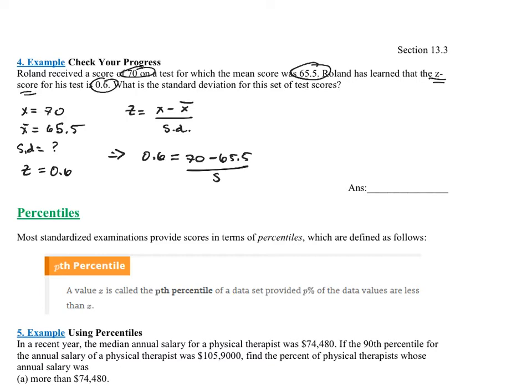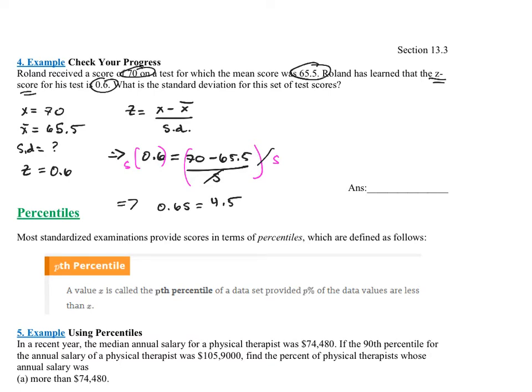So what do I need to do? Well, I need to solve this. So I'm going to multiply both sides by S. If I multiply both sides by S, I'm going to have 0.6s on the left-hand side. On the right-hand side, the s's cancel. I'm left with 70 minus 65.5, which is 4.5.